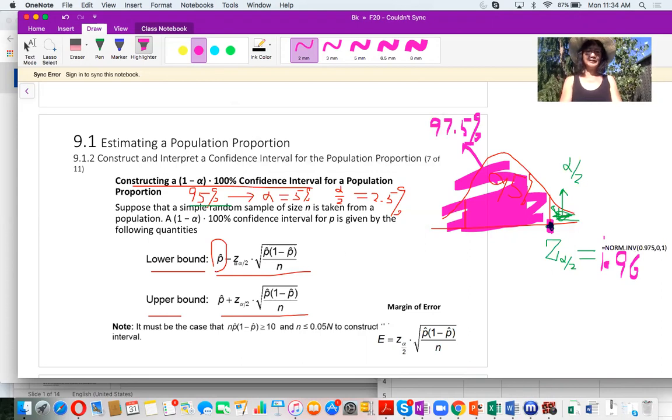So once you have this Z value, Z half alpha, and the sample proportion, you can calculate and then you have the result for lower bound and upper bound. And in this formula, this part is the margin of error.